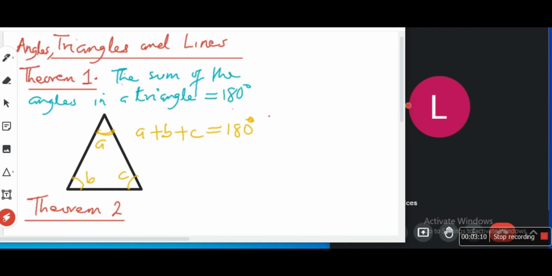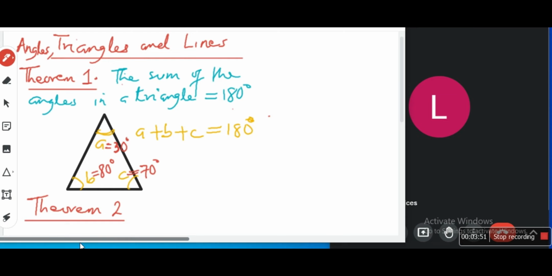So for instance, if A is 30 degrees and B is, assuming, 80 degrees, we can easily find what C will be, because 30 plus 80 is already 110. So the remaining one to make it 180 will be C. In other words, C will be 180 minus that 110, which is 30 and 80. So C will be 70 degrees in that case.